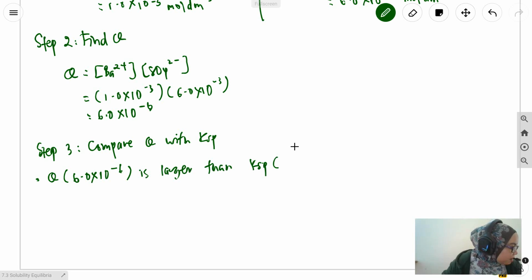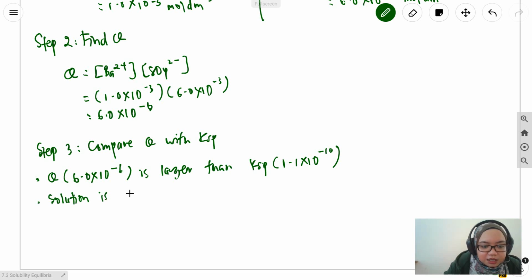KSP tadi berapa? 1.1 times 10 negative 10. Larger kan? Okay. So, solution is supersaturated. So, what happen kalau solution supersaturated? Precipitate out ke tak out?